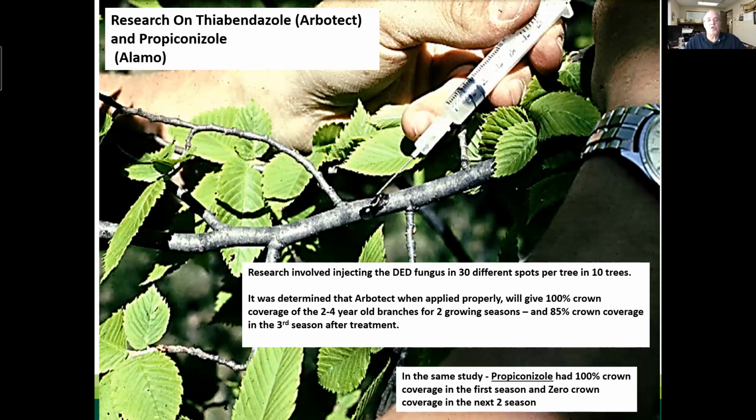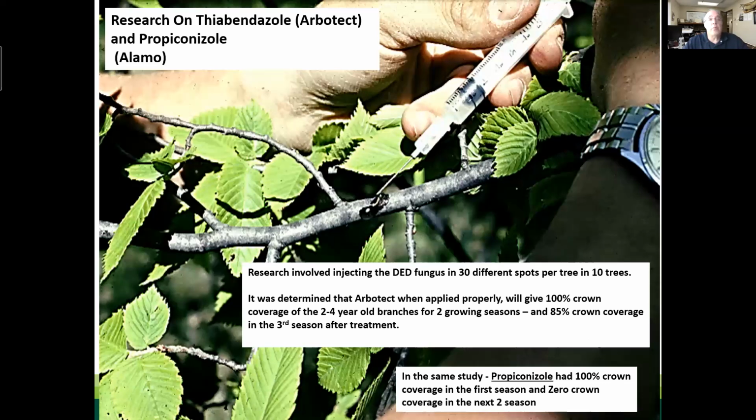So then we go to our 3rd year, and we did it again with the Arbotect trees only at this point. And what we found was 15% of the places that we put the fungus, the fungus grew. 85% of the spots it didn't. But what that told us was the thiabendazole was starting to wear out in the tree, and you didn't have enough in certain places.